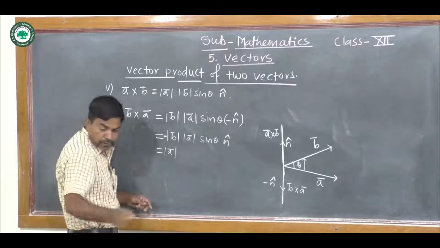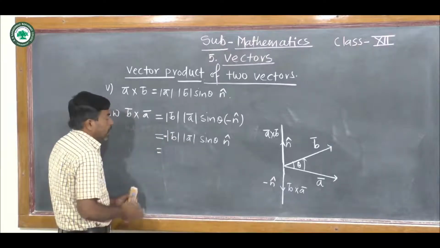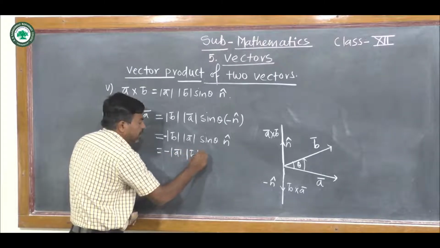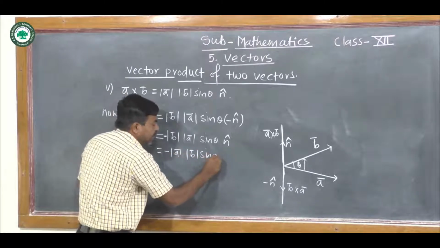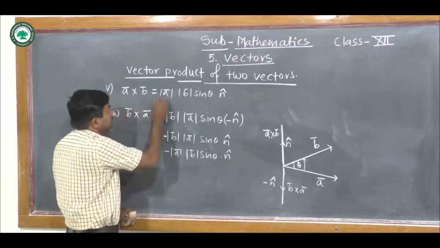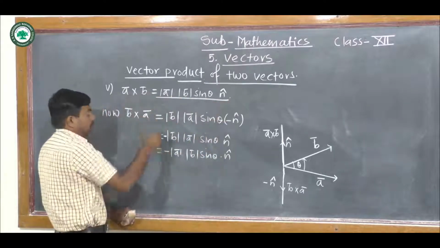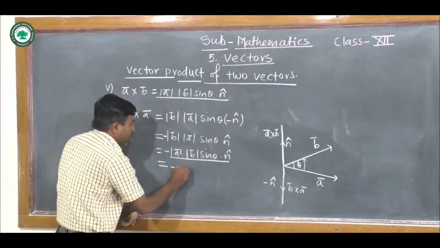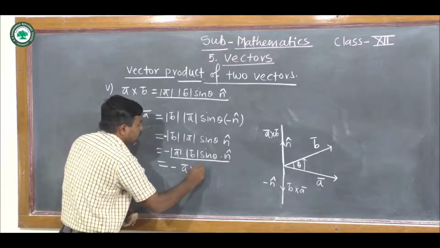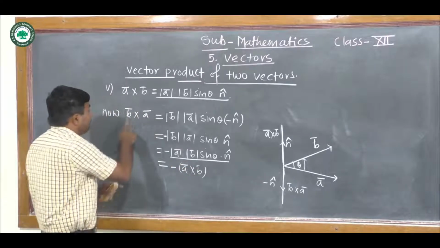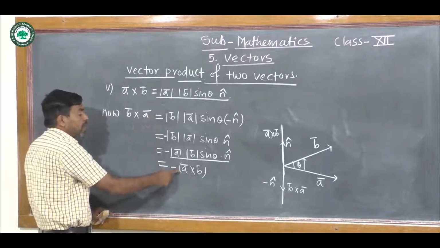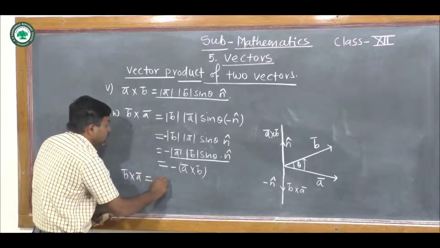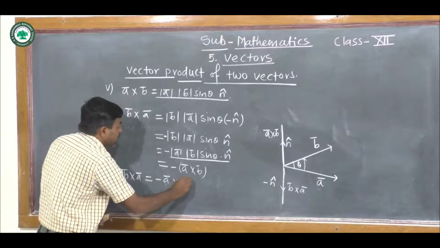So minus of magnitude of vector A into magnitude of vector B into sine of theta into n cap, and see what is this? This is A bar cross B bar, so minus of A bar cross B bar. So here we have B bar cross A bar is equal to minus of A bar cross B bar.